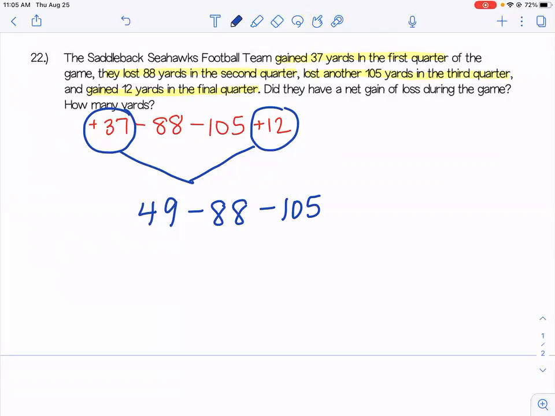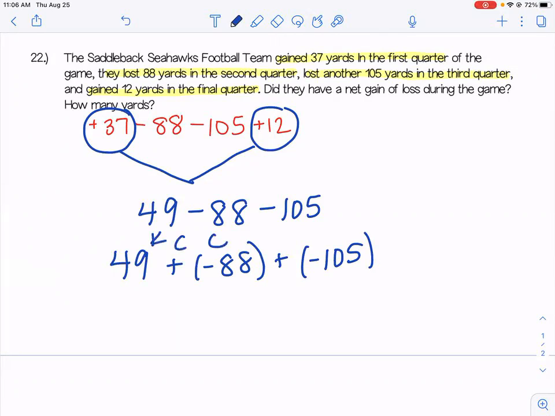Okay, now it's gonna be a negative. I think you add, it's gonna be negative. Okay, so you're saying like 49, and we're going to keep, change, keep, change. That's kind of what you're telling me? So we did the keep, change here, and the change here.